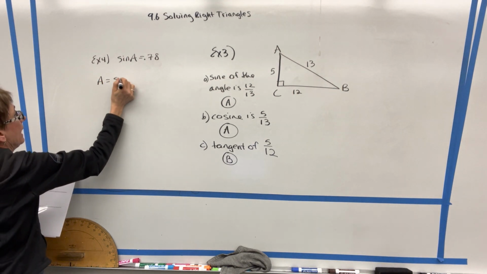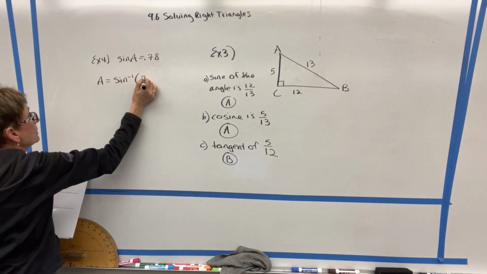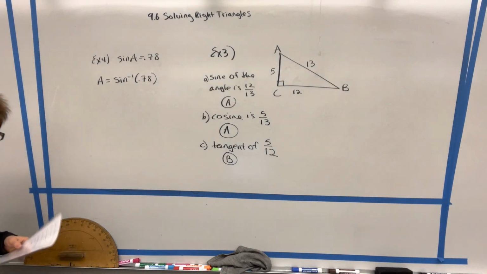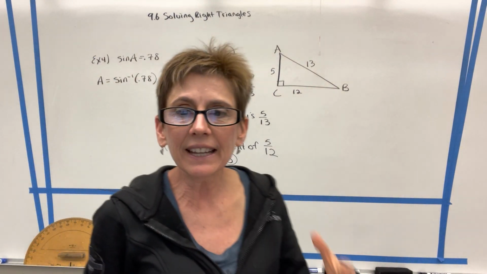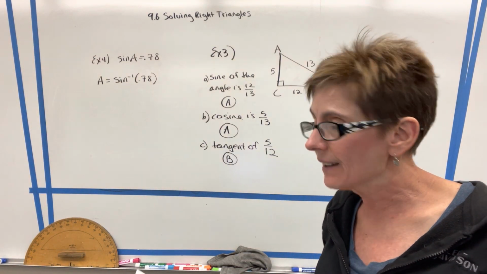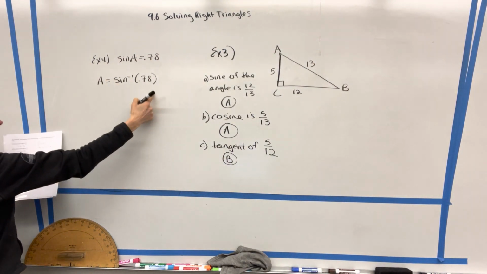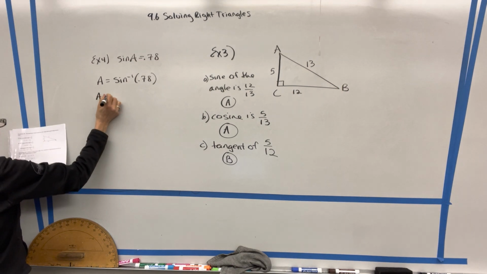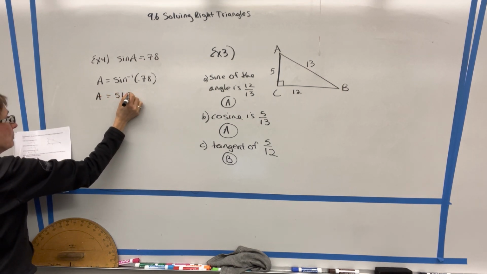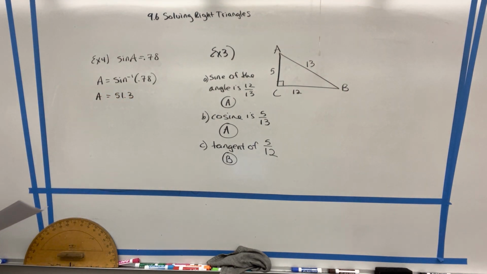We would say A would be the sine inverse of 0.78. You're basically asking your calculator, hey calculator, what angle has a sine of 0.78? And your calculator, if you punch that information in, will tell you that that angle is 51.3 degrees.